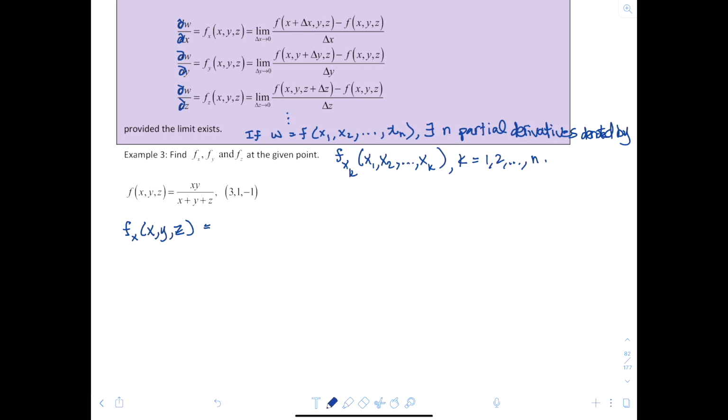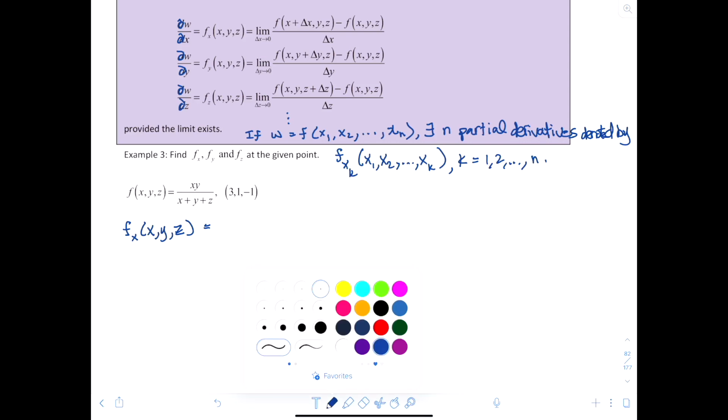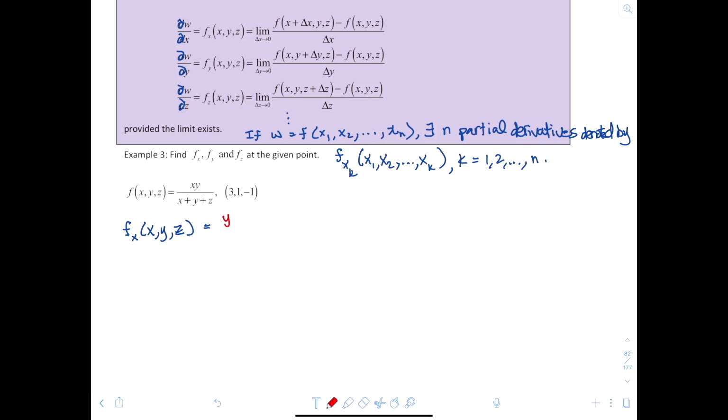So the derivative of x and y with respect to x is just going to be, beautiful, y. And then you multiply by the denominator as it is. You subtract the numerator times the derivative of the denominator, and that's just going to be times 1, right? Because the plus y plus z will zero out. And that's all divided by the denominator squared.